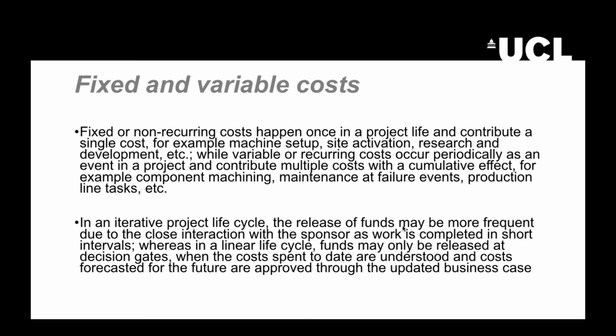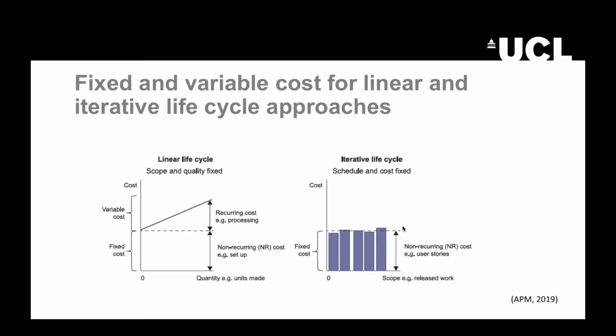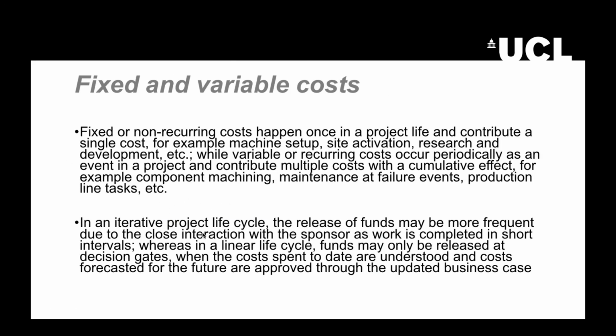For example, at the beginning of the project, when we have to do some research and development, or when we have to do some machine setup or site activation, etc. On the other hand, the variable or recurring costs will happen periodically, and they contribute to multiply the cost with a cumulative effect, as you can see here. These types of costs are, for example, the maintenance, production line costs, or costs related with administrative issues.